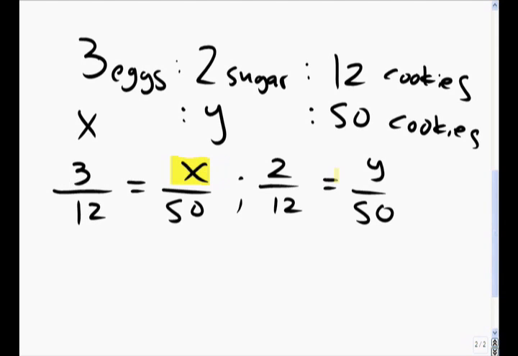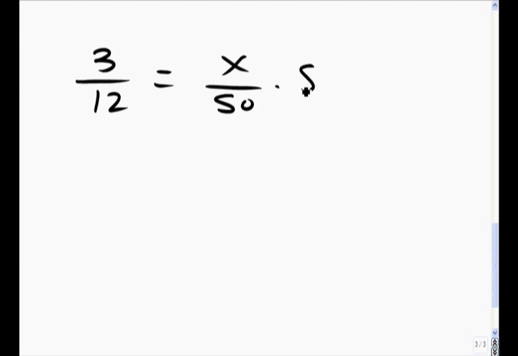We solve for x, solve for y. We'll determine the amount of eggs required, the amount of sugar required for 50 cookies. Three to 12 is x to 50. Multiply both sides by 50.